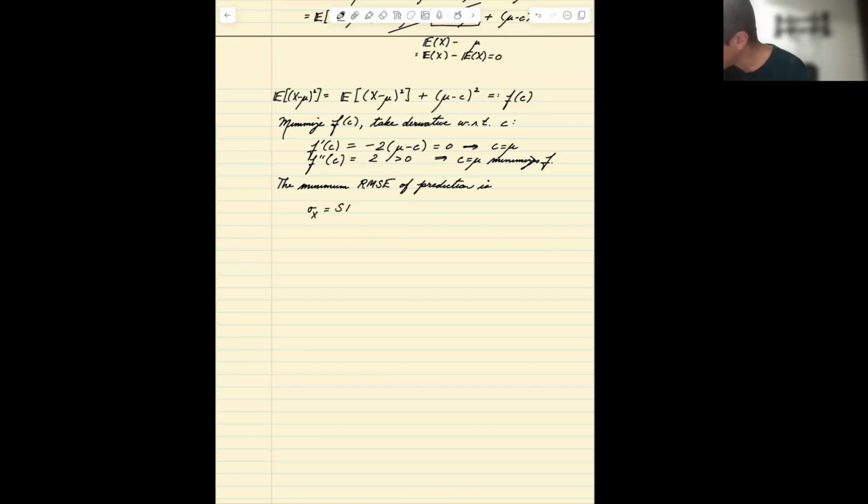It's also written as SD of x. It's the square root of the expectation of (x minus the mean) squared, which is called the standard deviation.